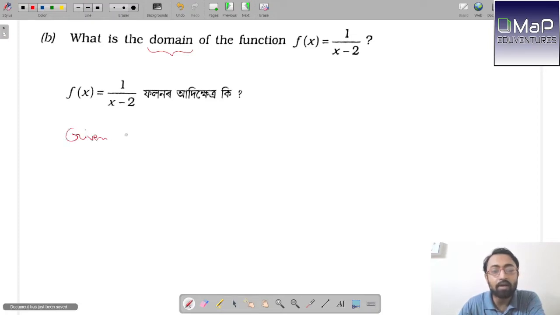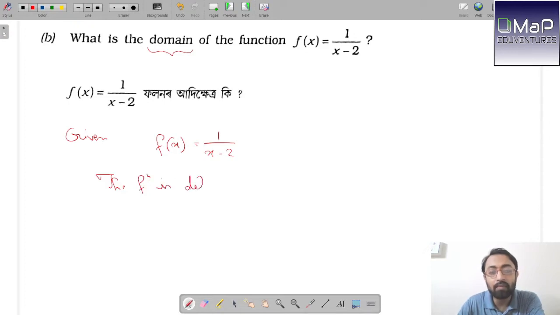So given f of x equals 1 by x minus 2. To find its domain, we know the denominator cannot be equal to 0. So we can say the function is defined if this denominator x minus 2 is not equal to 0.